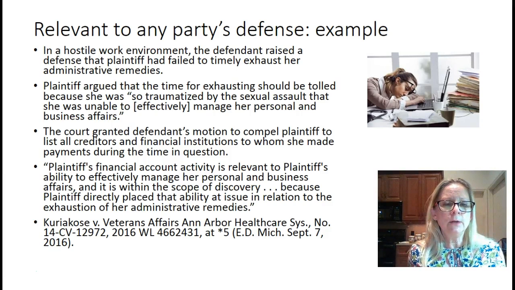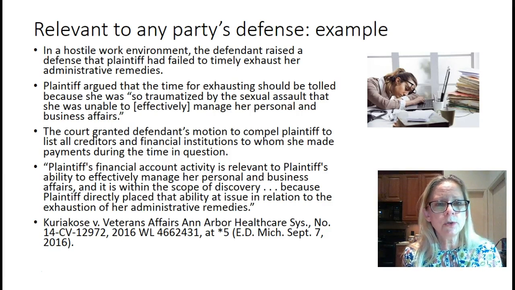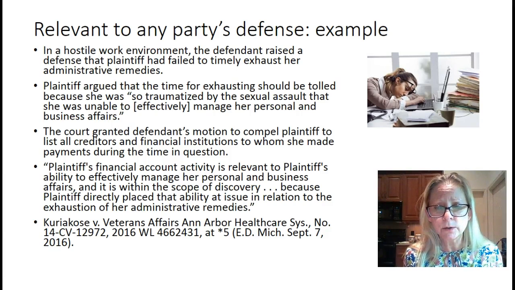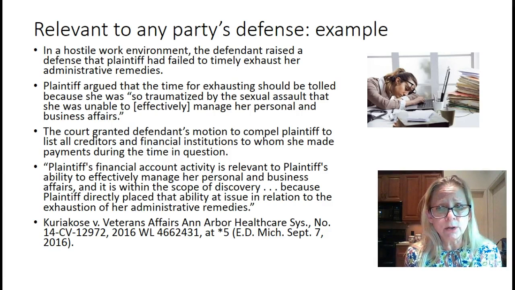So the plaintiff argued that the time for exhausting her remedies should be tolled or shouldn't run because she was so traumatized by the sexual assault that she was alleging that she was unable to effectively manage her personal and business affairs. So the defendant said, okay, well, let's see if you paid your bills during the time that you claim that you were so traumatized that you couldn't manage your affairs. And they wanted to see the records of those payments or non-payments during that time.